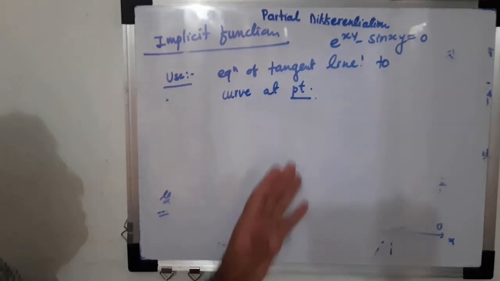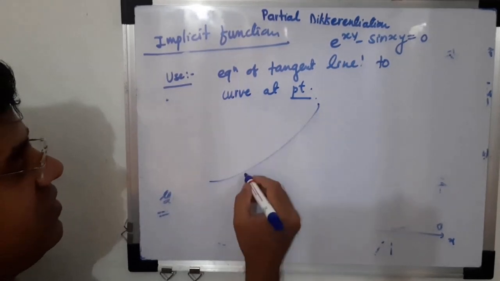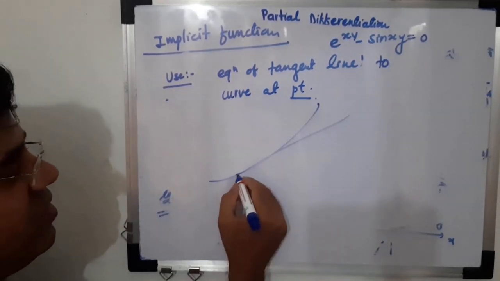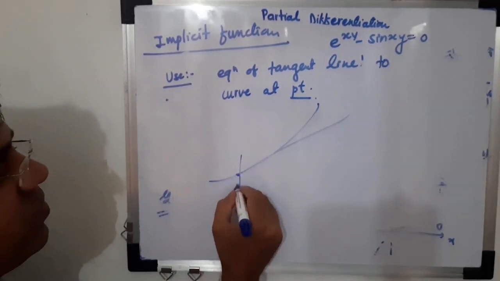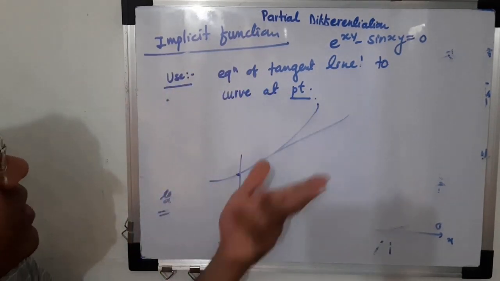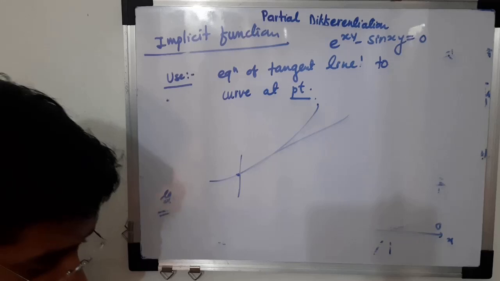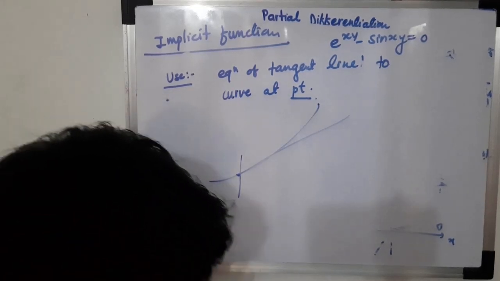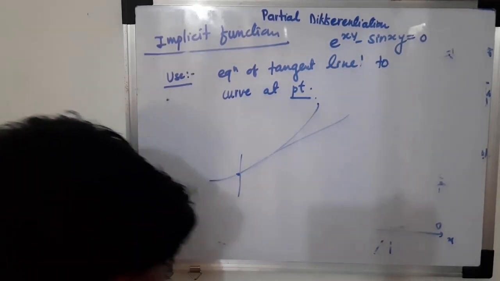So if this is one particular curve and you are given the tangent at that particular point, you will get that equation as well as the slope and everything from that. So this is one simple thing.